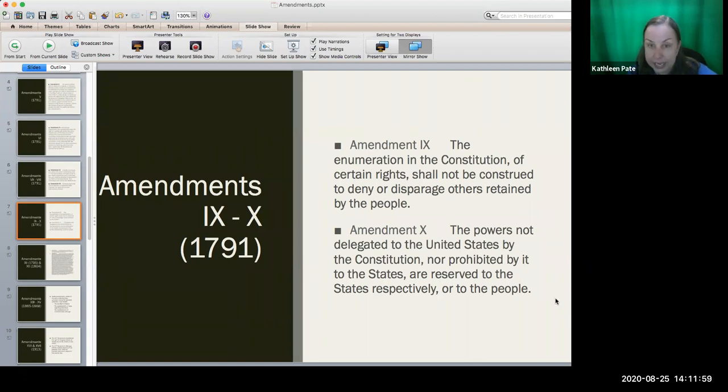And then 10 says anything that's not specifically in the Constitution, those rights, those powers are reserved to the states, right? So this was addressing that tension between the federal government and the state government.